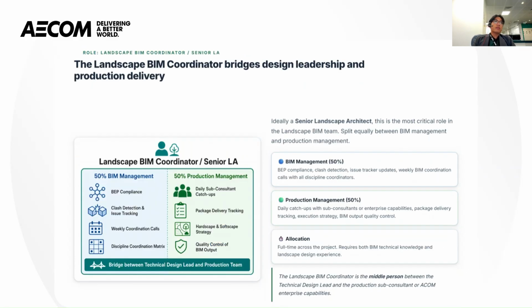And the landscape BIM coordinator: this should ideally be a senior landscape architect. This is the most critical role for the landscape BIM team, split equally between BIM management and production management.